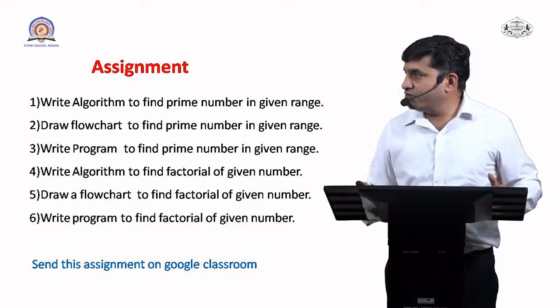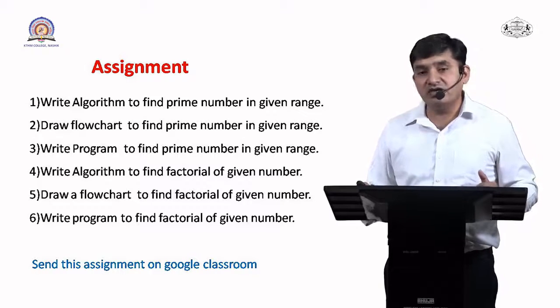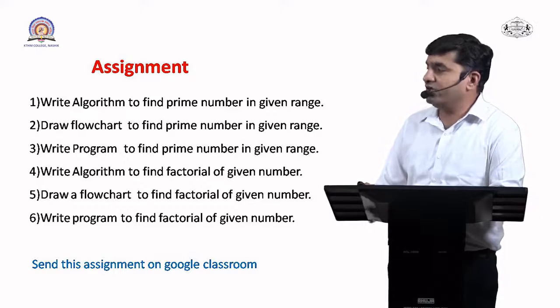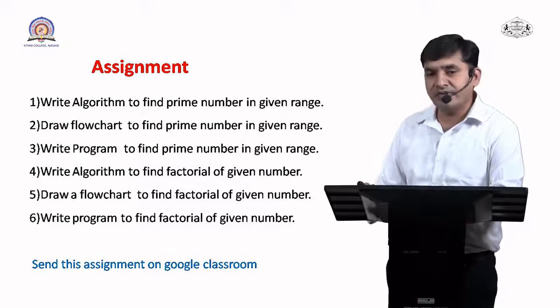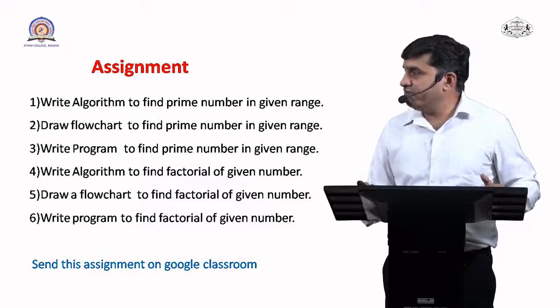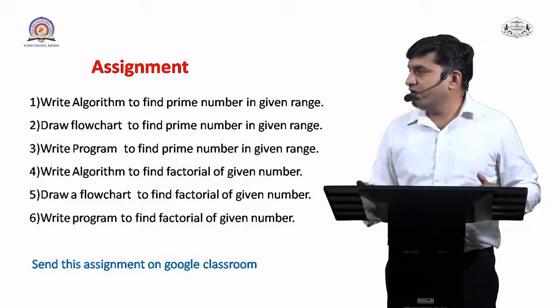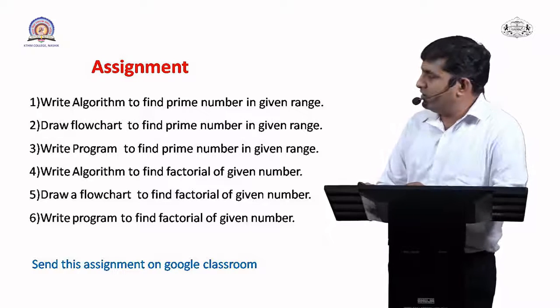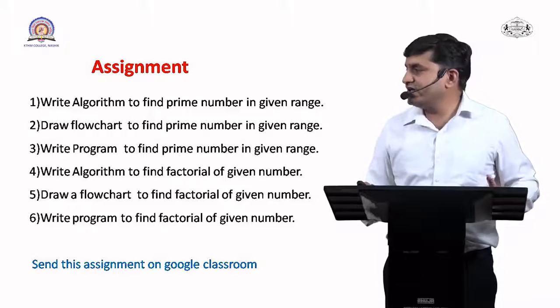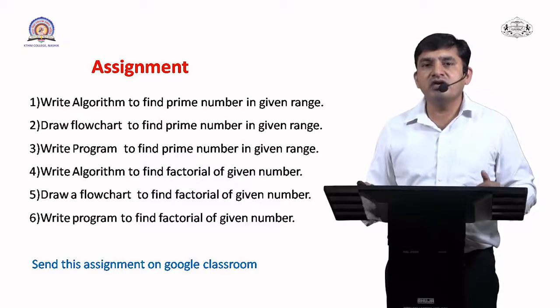Then write a program to find prime numbers in a given range. Write an algorithm to find the factorial of a given number. Then draw a flowchart to find the factorial of a given number and write a program to find the factorial of a given number. Send this assignment on Google Classroom.